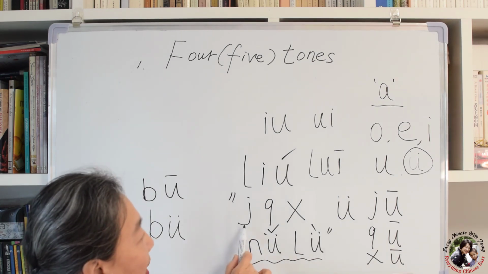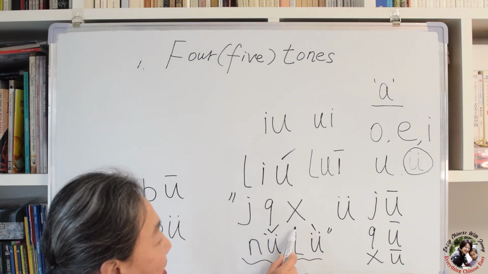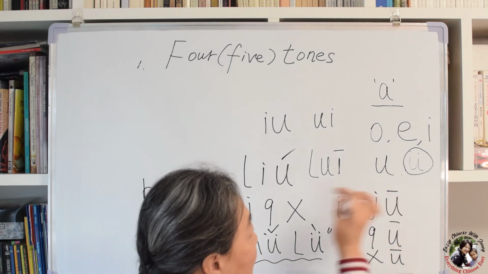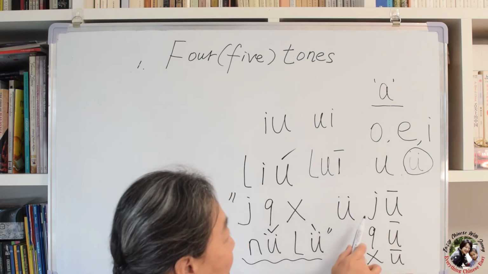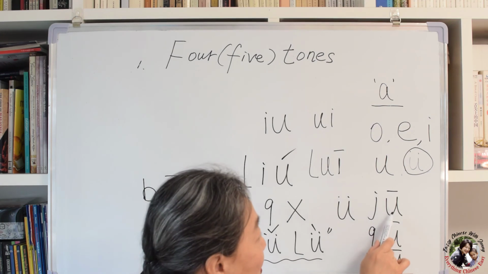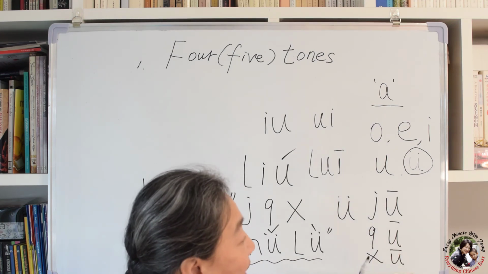But when the yu goes with the ji, qi, si, you don't put these two dots on the top. You delete these dots, but people know because otherwise it doesn't make sense. Ji wu, it must be ji yu, ju. Qi wu, you cannot pronounce it either.